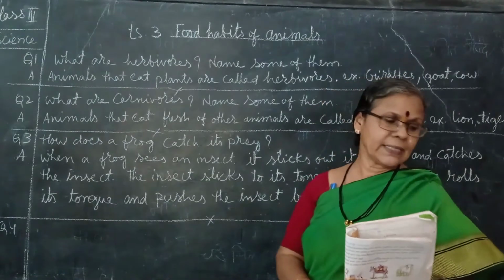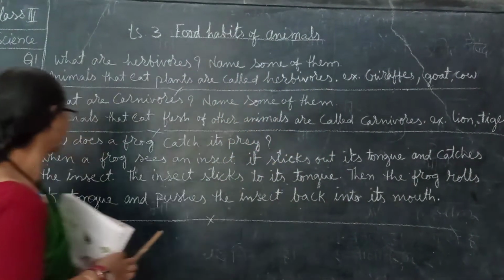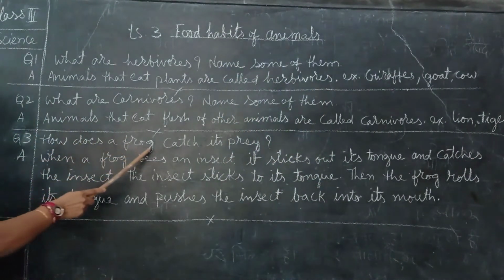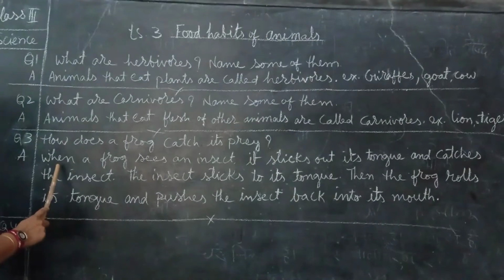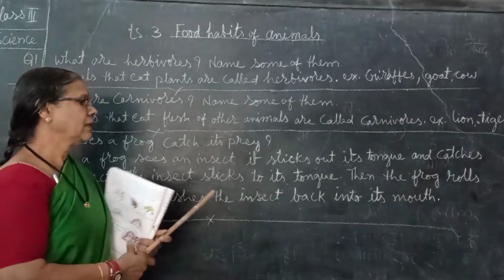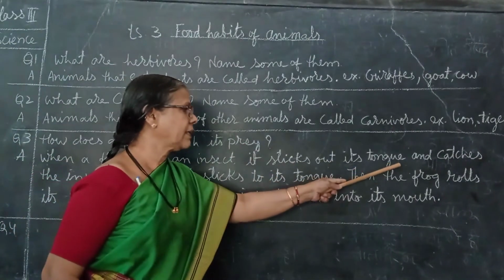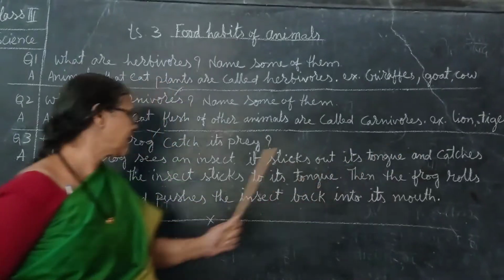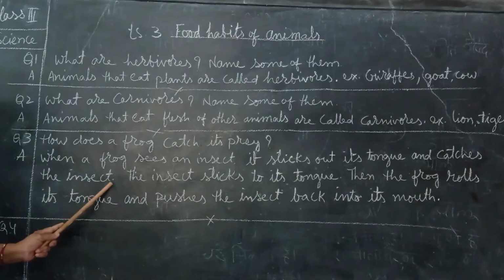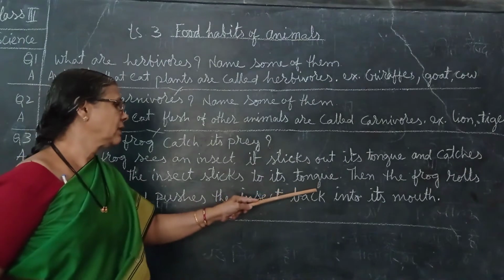Once again, we'll read this question and answer. How does a frog catch its prey? When a frog sees an insect, it sticks out its tongue and catches the insect. The insect sticks to its tongue.